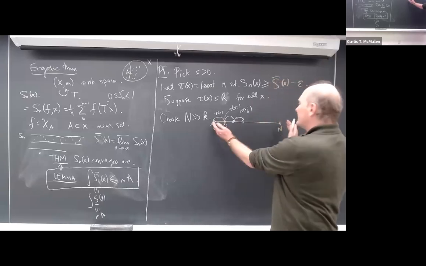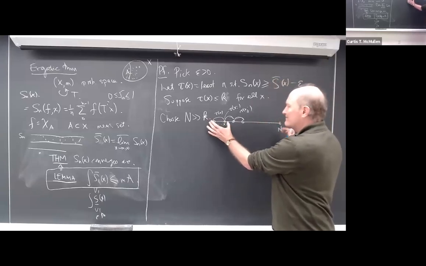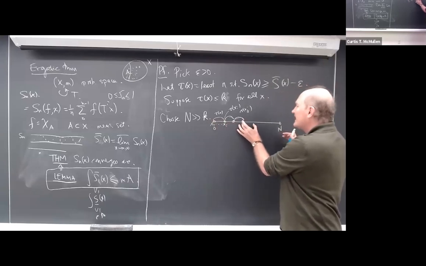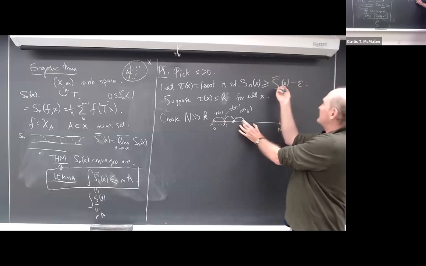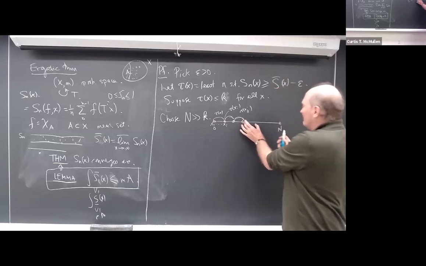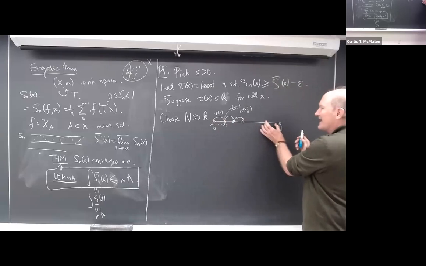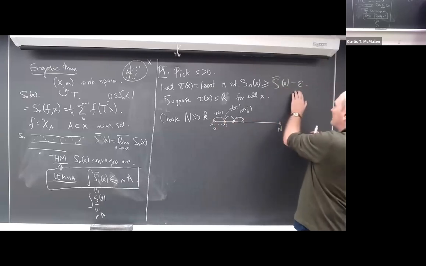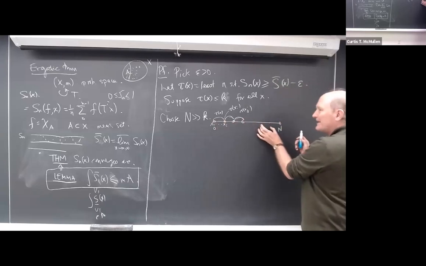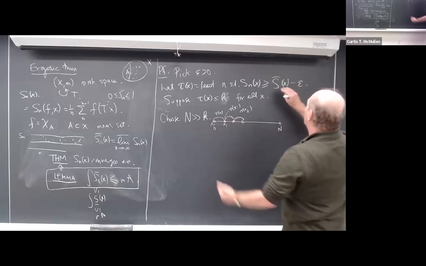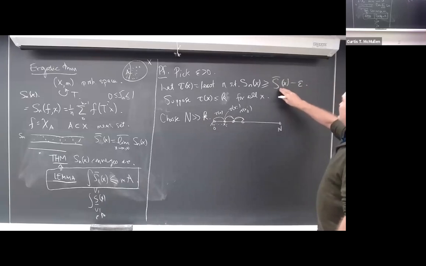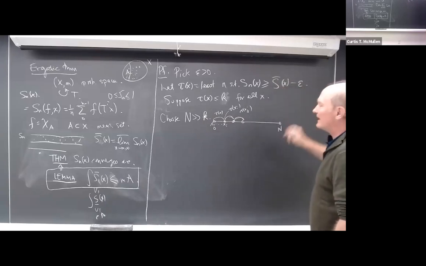So in other words, we take this very long average and we break it up into pieces, and on each of these pieces, the average is very close to S bar of x minus epsilon. Well, if you have a lot of pieces like that and the average is within S bar of x minus epsilon on each of those pieces, then the average from 0 to n is also at least S bar of x minus epsilon with a small error.